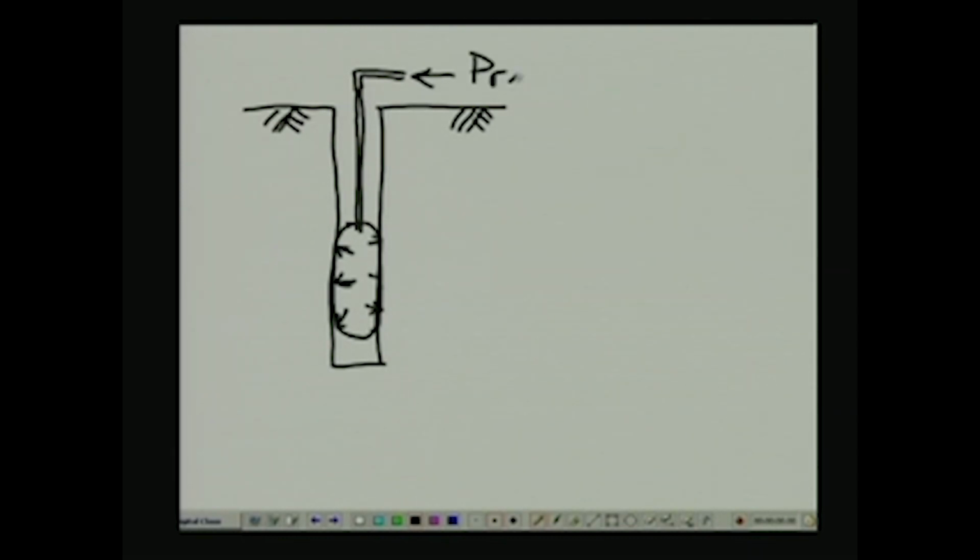So what we do here is pressurize, and we monitor the deformation or the radius of the borehole wall as a function of the pressure inside the cavity.